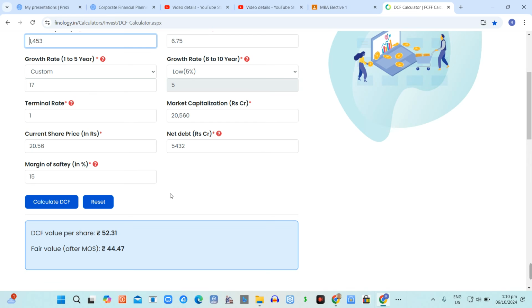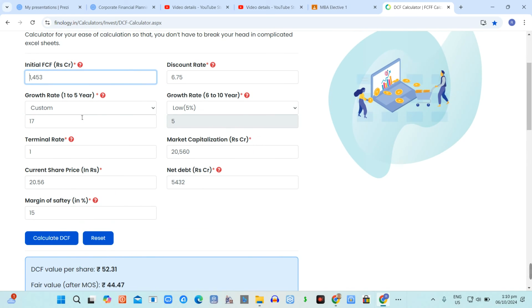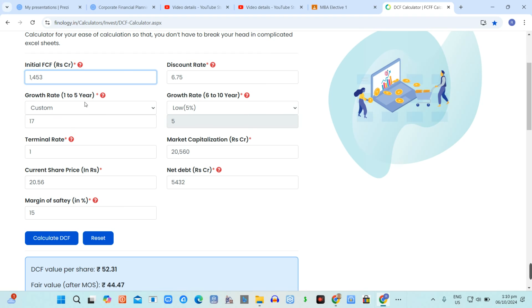Now it becomes higher again because we've changed the growth rate in the first 5 years to 17%. So what is the meaning of this? The meaning of this is that the free cash flow every year is expected to increase by 17% for the first 5 years.